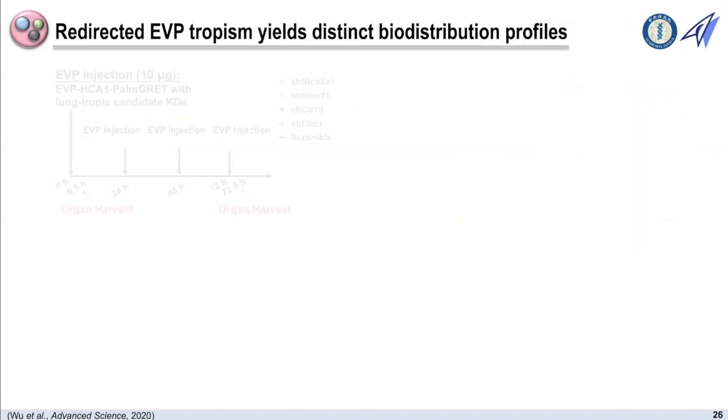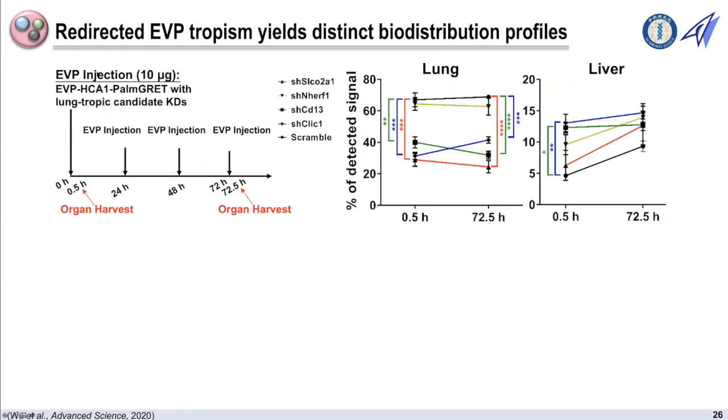And then here we can see the time scale we use. We further reduced the injected dosage to 10 microgram here. And as in the previous time course, we educate the mice at 0 hour, 24 hour, 48 hour, and 72 hour, and harvest the organs at 0.5 hour and 72.5 hour. And these are the groups we use, with scramble as the negative control.